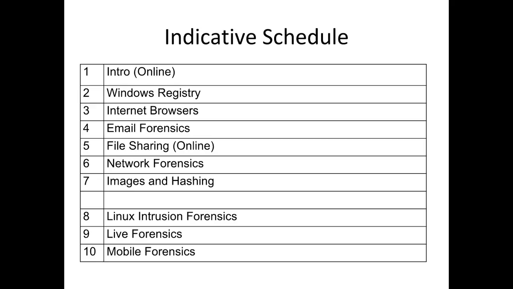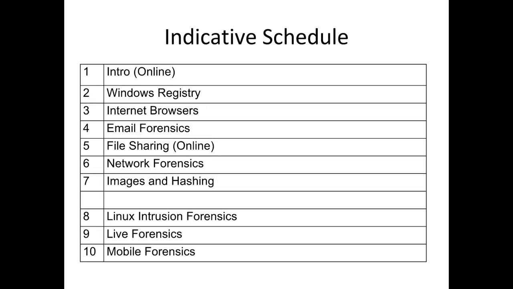There's an indicative schedule here. So we're on the first session, which is an introduction. That is online only. We're then going to be moving into looking at specifically things associated with Windows. So I'm going to be running the session on Windows Registry, on internet browsers. Then we're going to be looking at investigation of email, so email forensics.